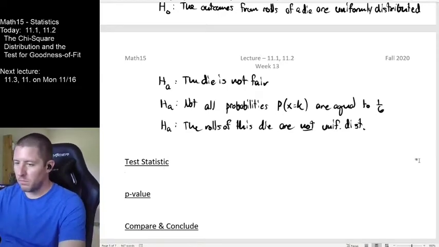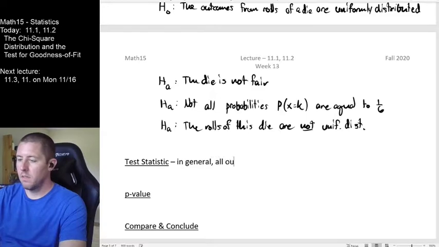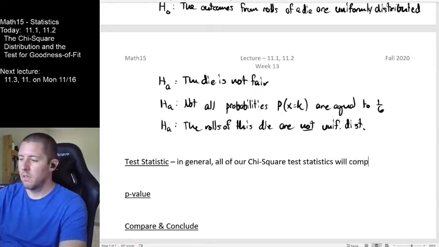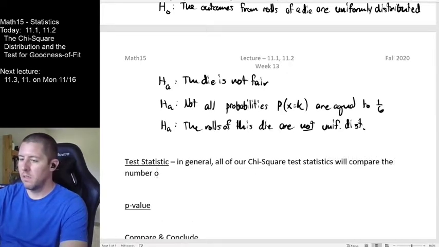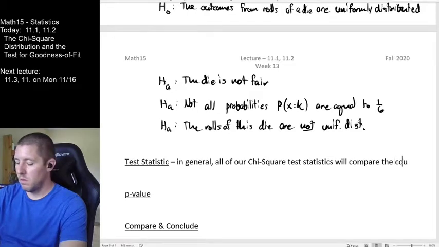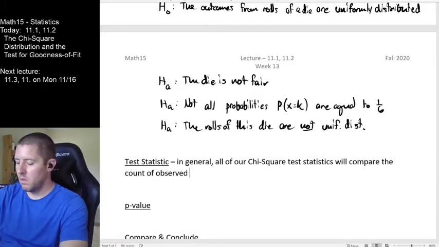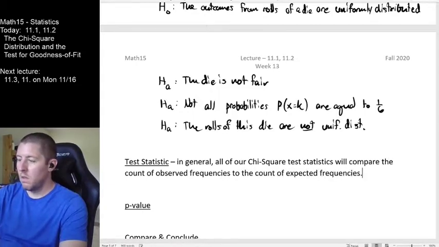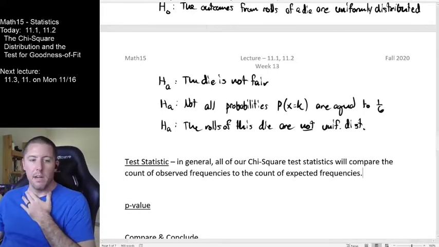So let me say here, in general, I'm going to make a little table here to help myself out.